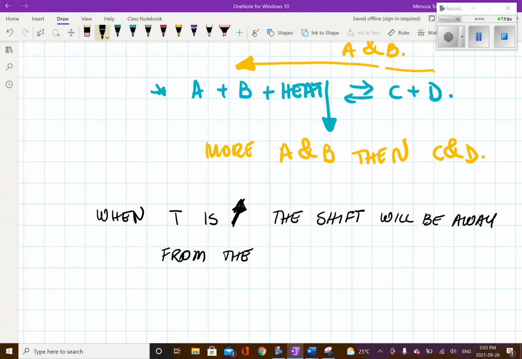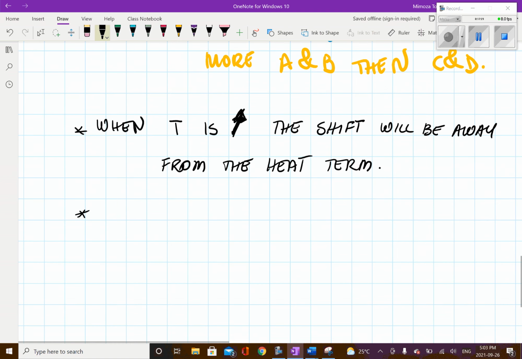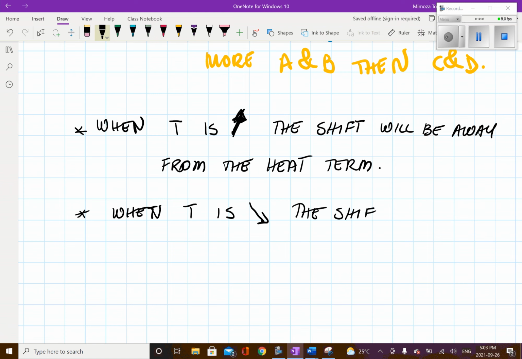We'll want to use this. And when the temperature is decreased, the shift will be toward the side that the heat term is.